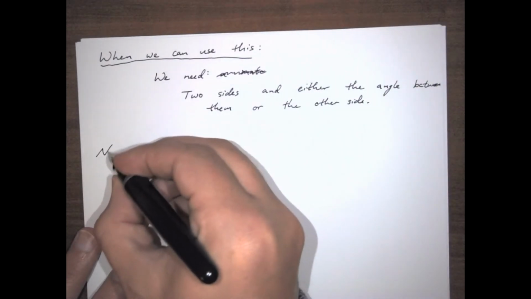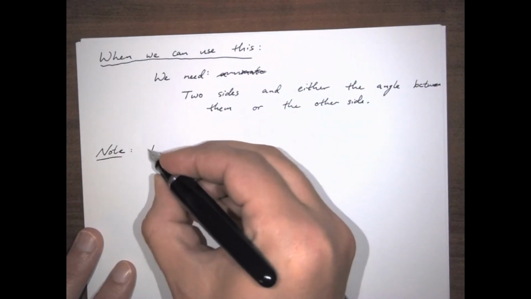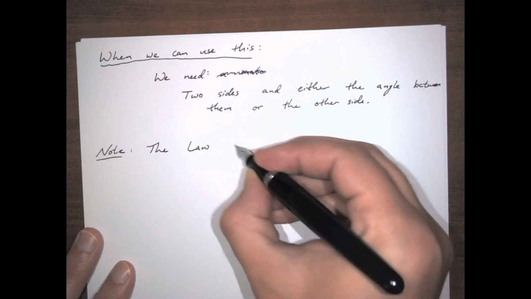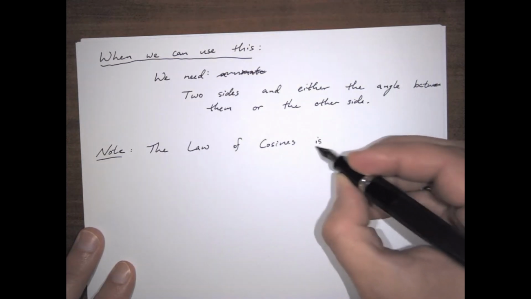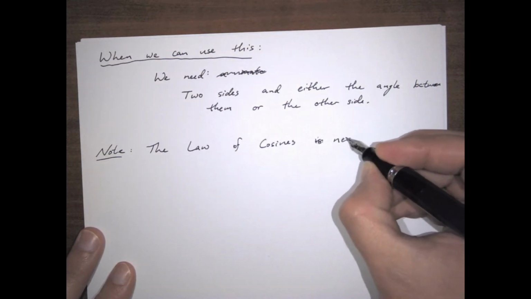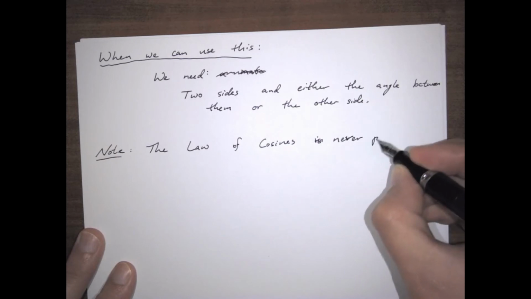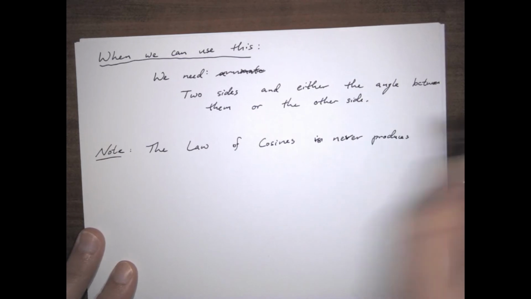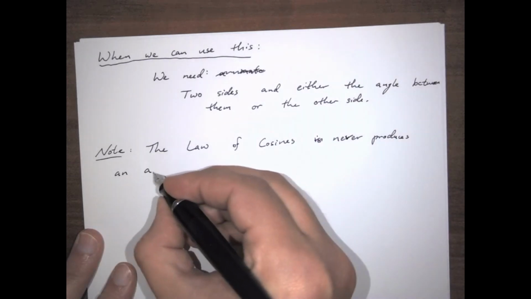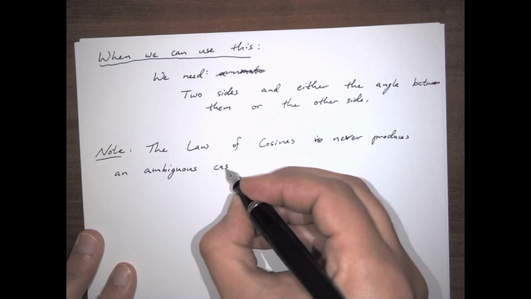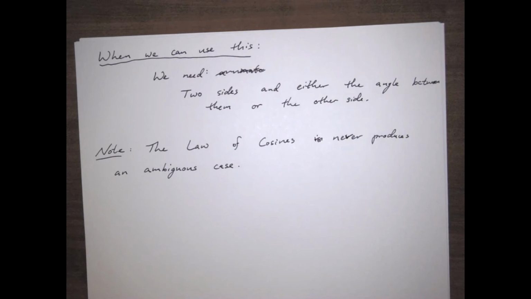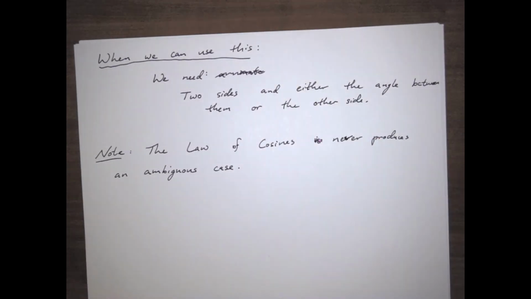Okay, and a note. The law of cosines never produces an ambiguous case. The reason for that is that the range of cosine inverse is actually already 0 to 180, not negative 90 to 90.